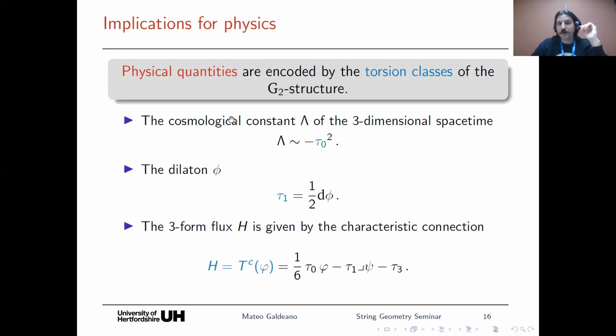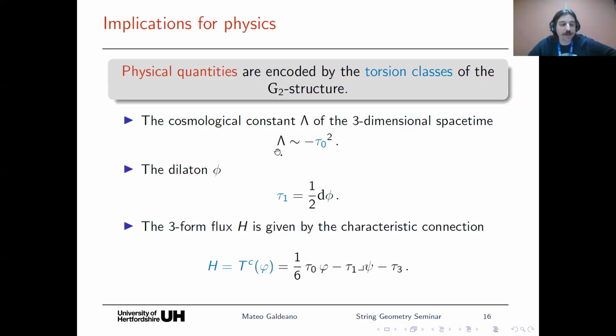For example, the cosmological constant of this three-dimensional spacetime, the curvature of this three-dimensional spacetime, is proportional to this torsion class tau0, which is a scalar number. So if tau0 is equal to 0, your spacetime is Minkowski. Otherwise, you have some anti-de Sitter spacetime. Just out of computing this G2 structure, you get some information about your three-dimensional universe.